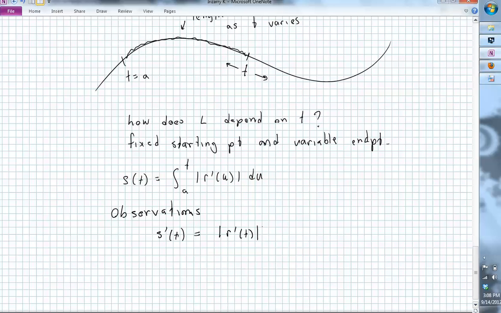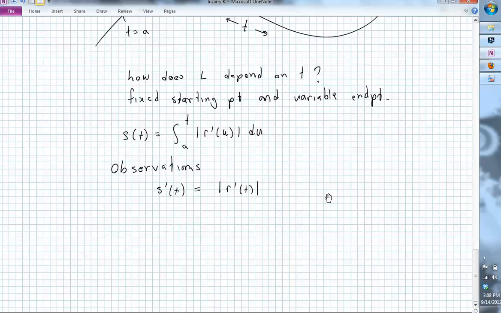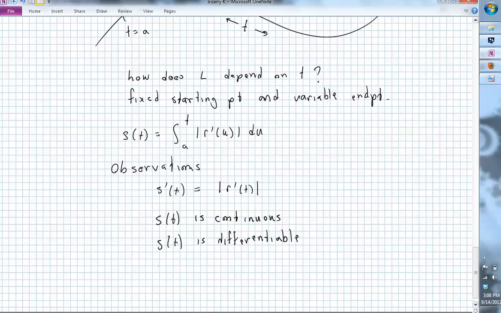A couple of other subtler observations. S of t is continuous. S of t, as we just observed, is differentiable. S of t is monotone increasing.